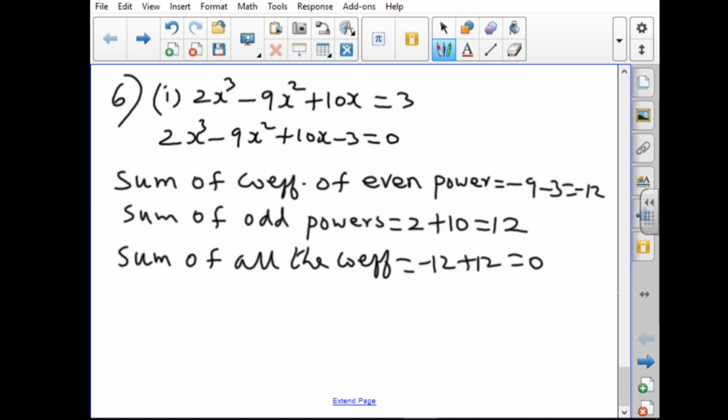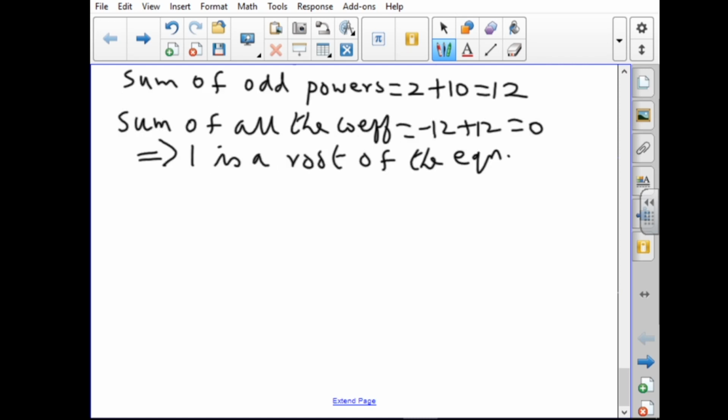So we know that 1 is a root of the given equation. So one root we have found, we have to find the other two roots.